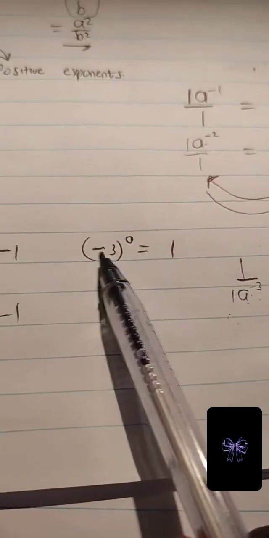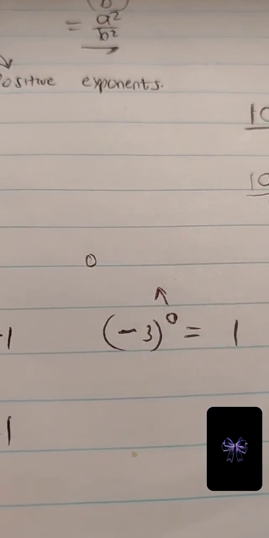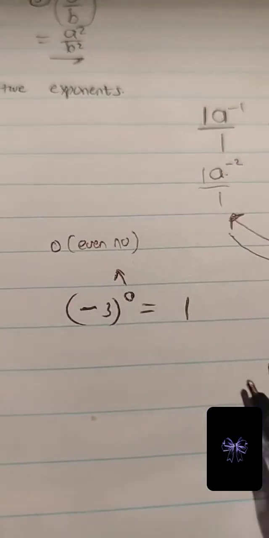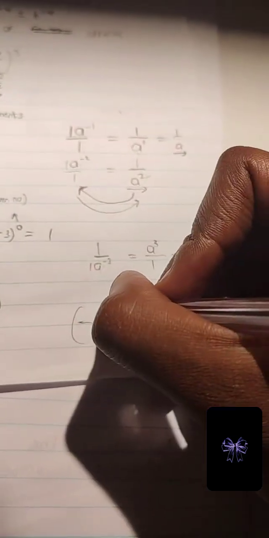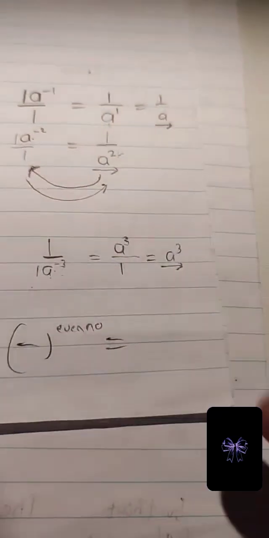Then here, negative 3, all of it is raised to the power 0. Can I ask you this question? The number 0, is it odd or even? It's even. Thank you very much. And so you learned in earlier grades, grade 8 and 9, that any negative number raised to an even number should give you a what kind of outcome?